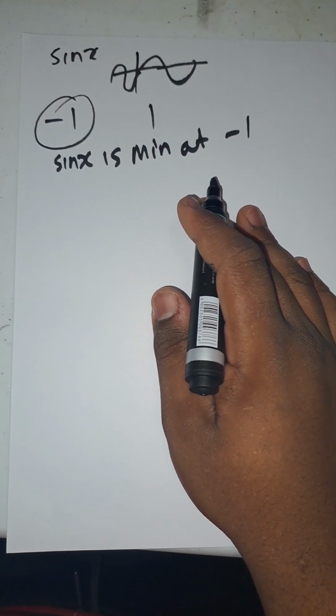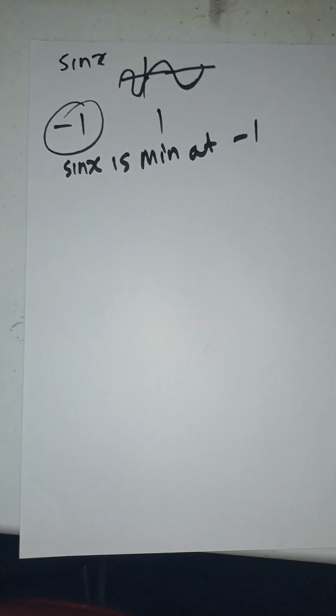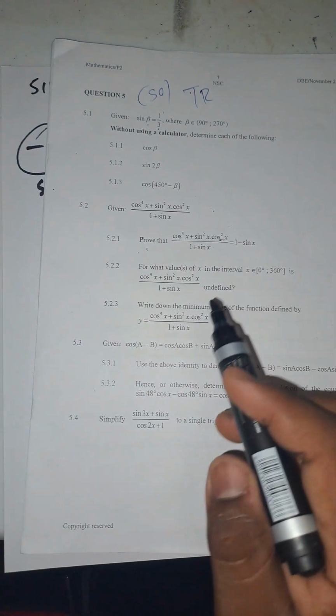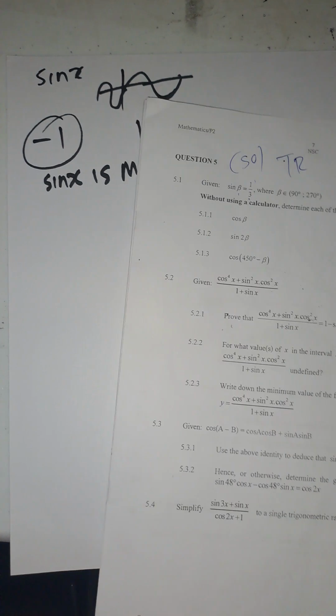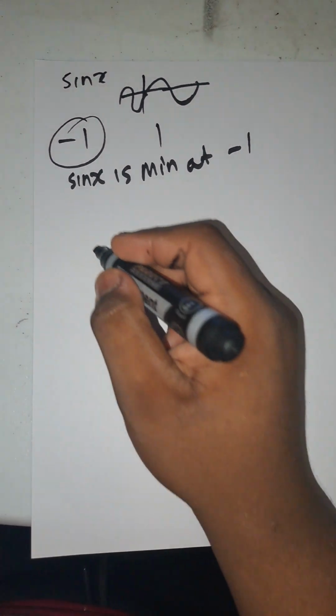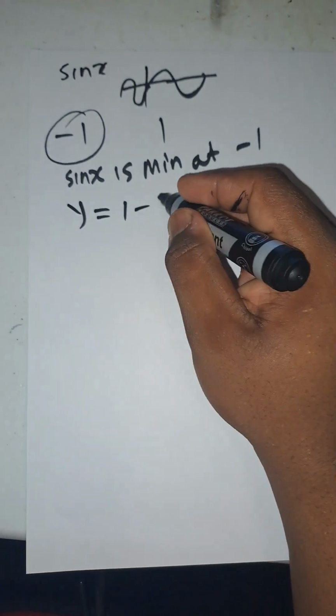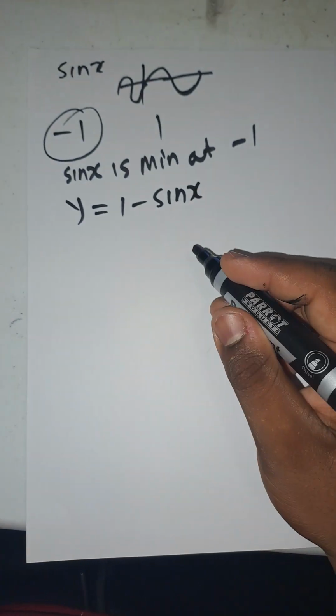So now we have the minimum value of the function. Remember, we were told that we must prove that this one is equal to this. So basically this y is equal to 1 minus sine x. Can you see where it is coming from? Is it fine?